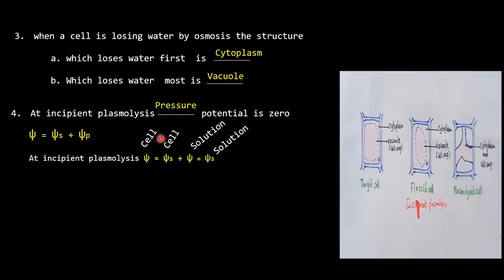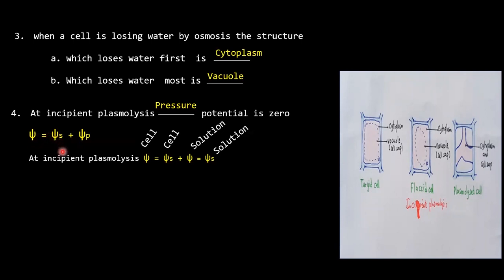At incipient plasmolysis, as we have said, the pressure potential is 0. It means that the water potential is the same as the solute potential of the cell.